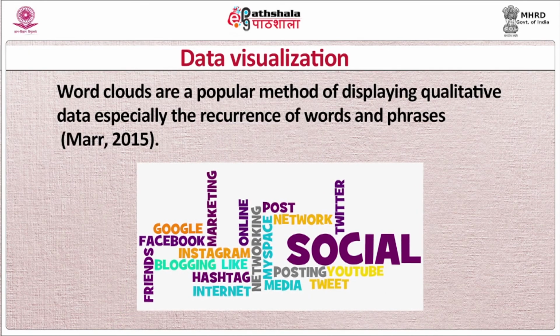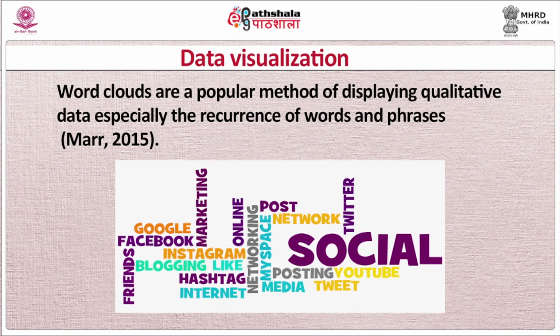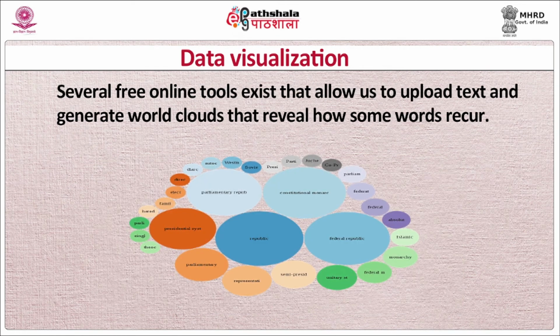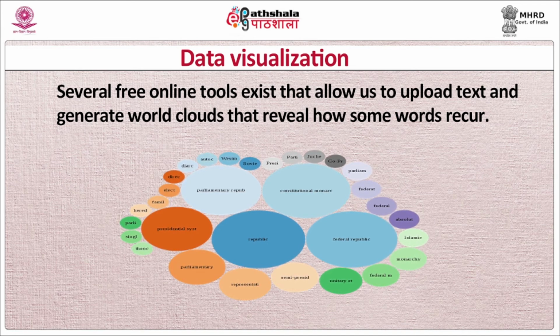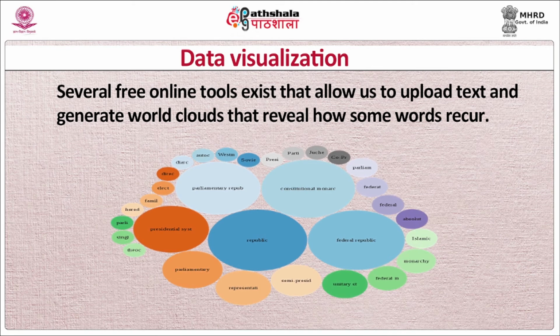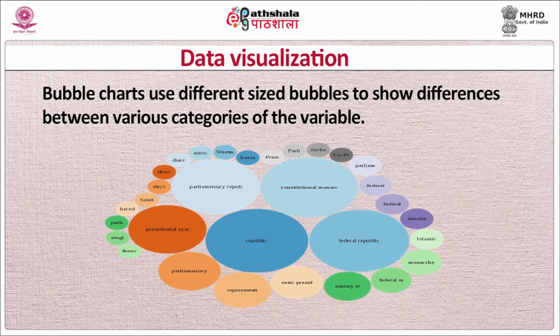Word clouds are a popular method of displaying qualitative data, especially the recurrence of words and phrases. Several free online tools exist that allow us to upload text and generate word clouds that reveal how some words reoccur. Bubble charts use different size bubbles to show differences between various categories of the variables.